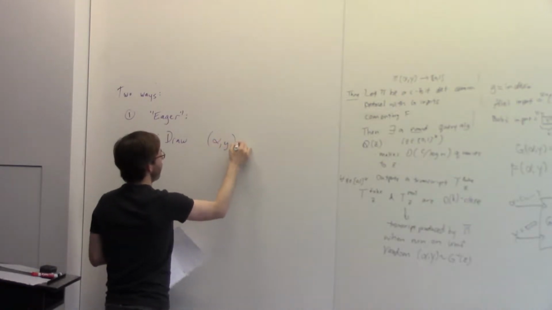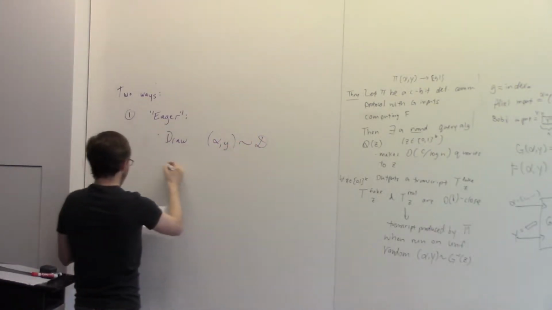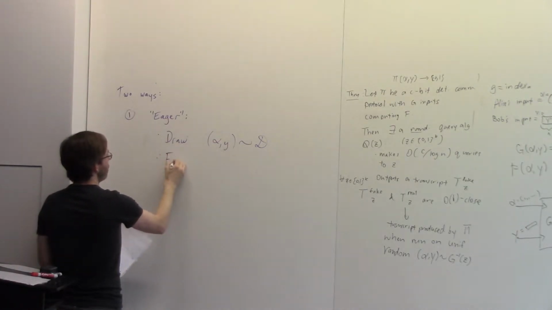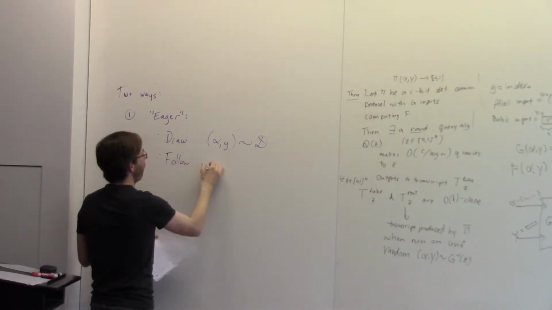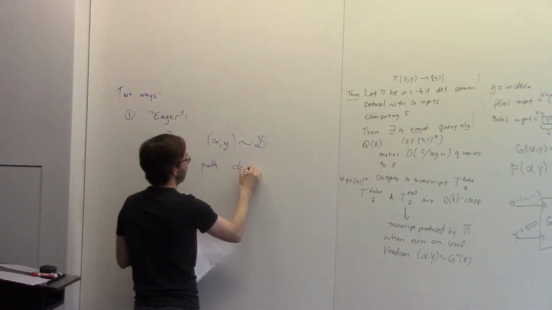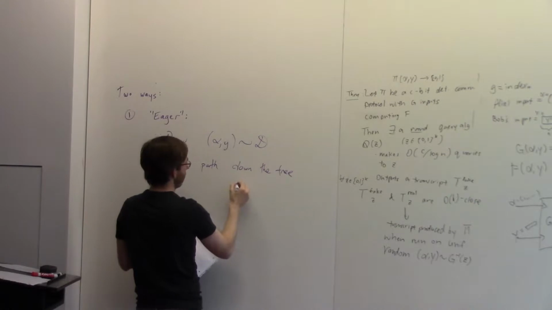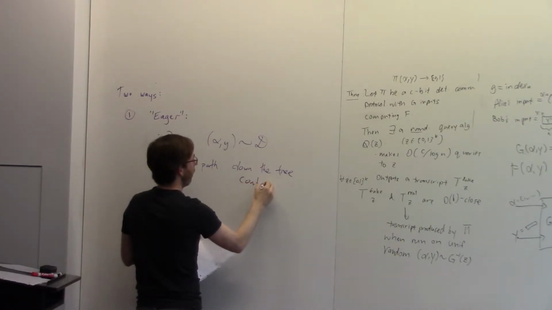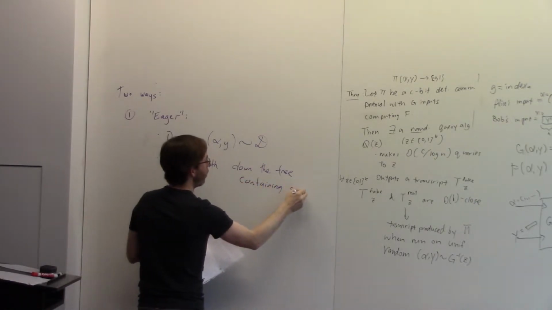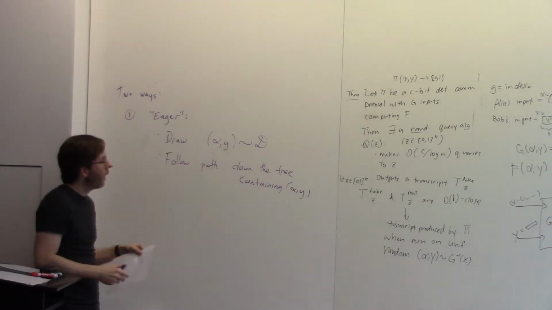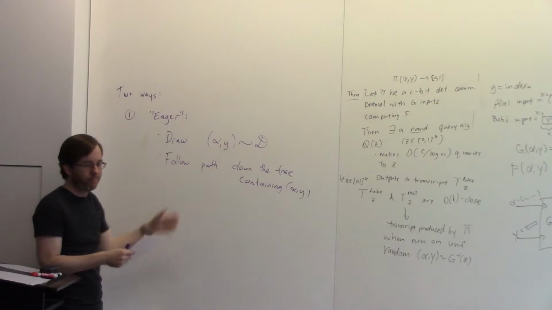You draw alpha and Y from D. Then you use all the randomness up front, and then you just follow deterministically the path down the tree to the end, the path containing the drawn alpha and Y. You output the final leaf that you get to. That's one thing you could do.